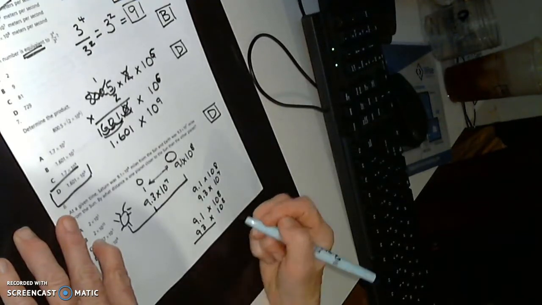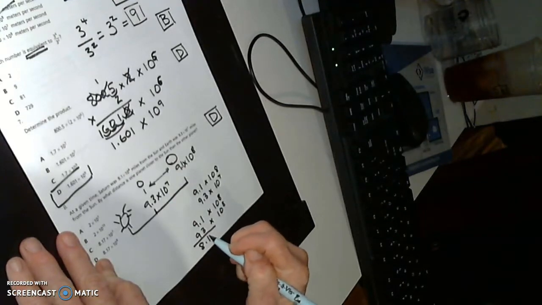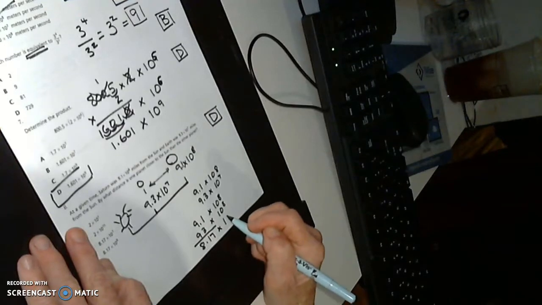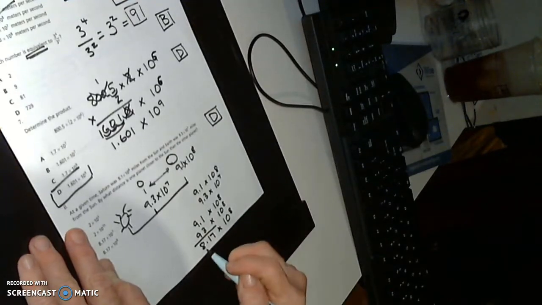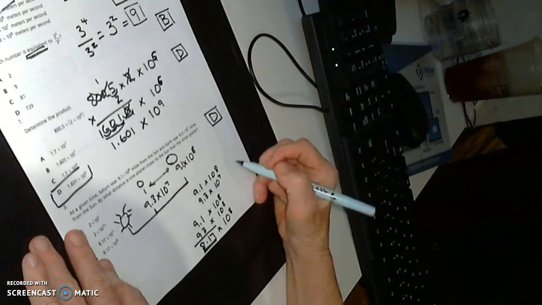When I subtract these two, I'm going to end up with 8.17 times 10 to the 8th. And I can see that this is left in scientific notation. The correct answer is D.